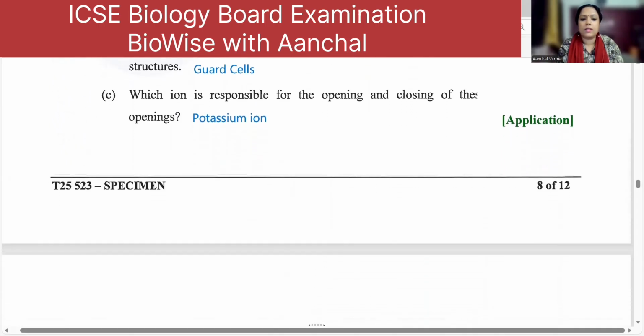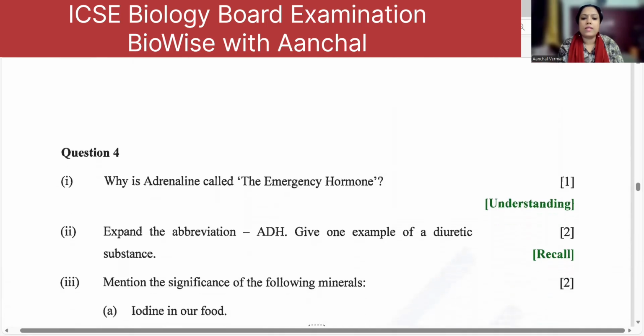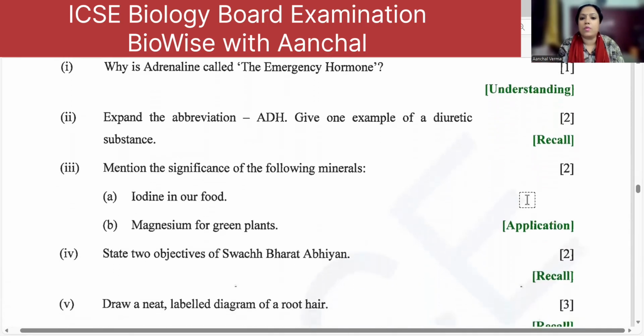Moving to the next. Why is adrenaline called an emergency hormone? Because it is released during the stress time.